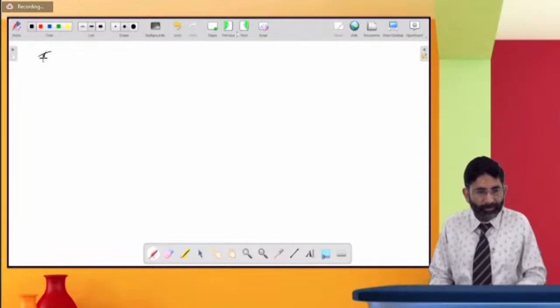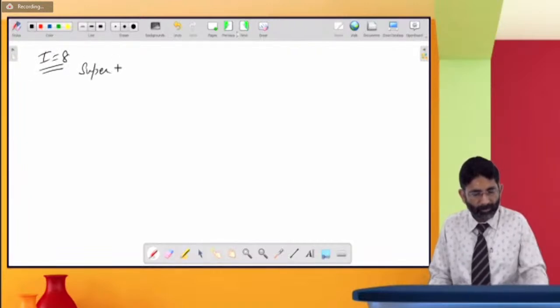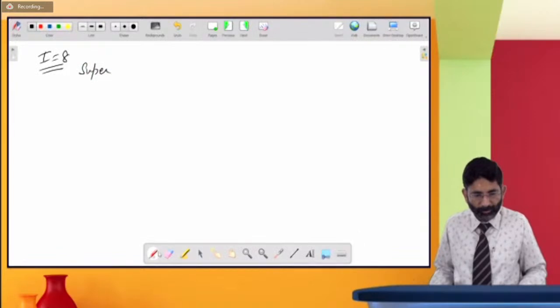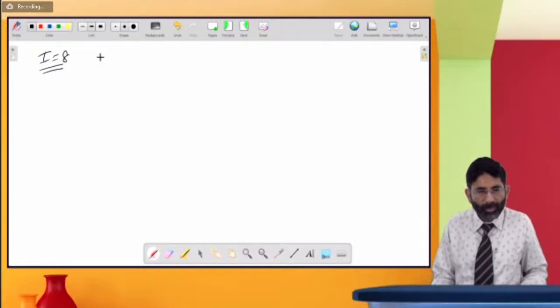Illustration number 8. X Limited, Super Motors account. In the books of X Limited.